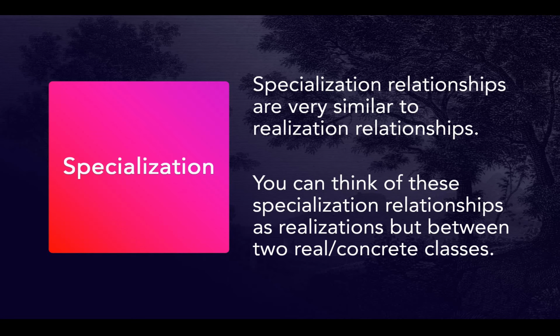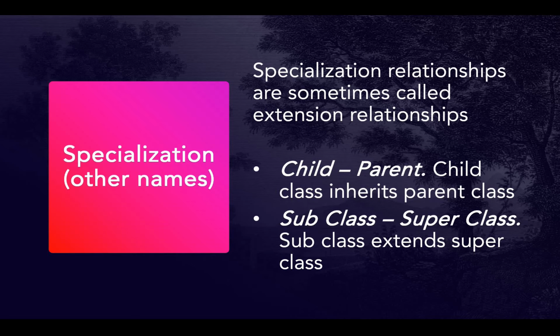A specialized class is specialized by some general class. By establishing this relationship, you are able to extend the form and behavior of a specific class. And these are other names for this relationship right here. Specialization sometimes is called an extension, or sometimes called, I forgot to write it here, inheritance relationship.